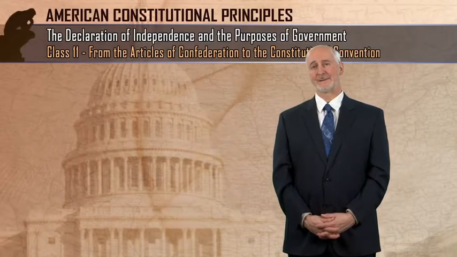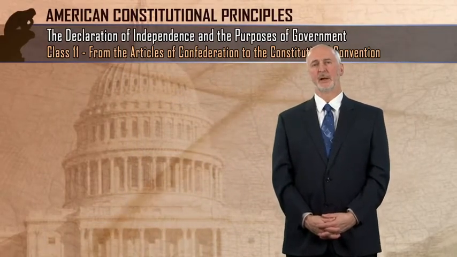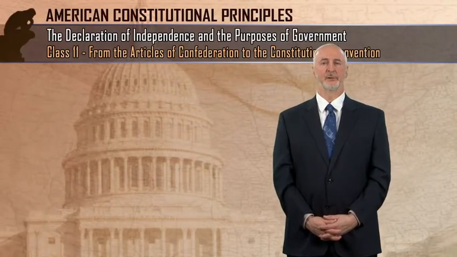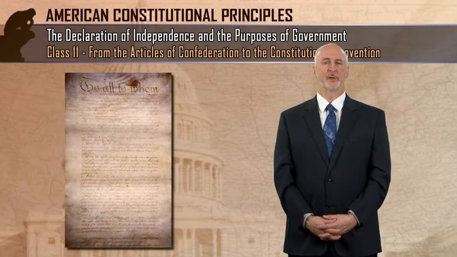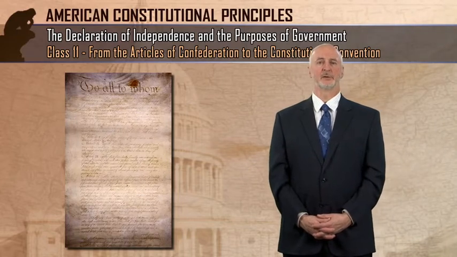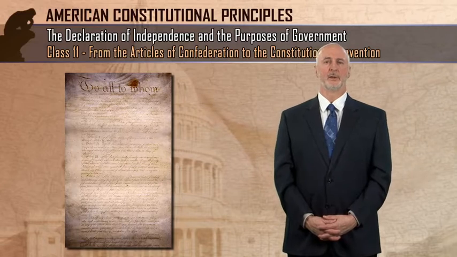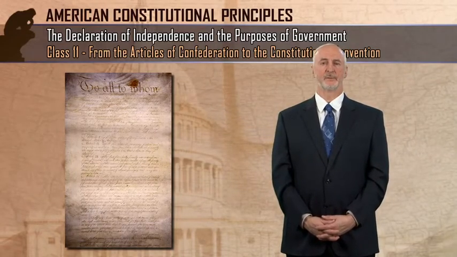So by the mid-1780s, you get an increasing sense among certain leaders in society at least, that the Articles of Confederation had established a government that was too weak, that it was not really strong enough to accomplish the goals that the central government of this new republic had to achieve.